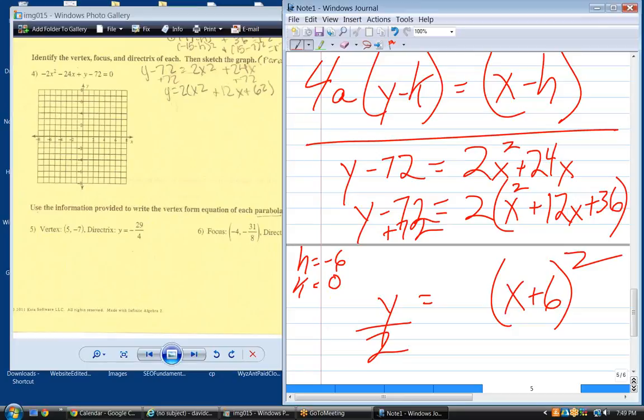Now, what is A? What does 4A equal? Because in the format up here, we need a 4A in front of the y. Well, the y is being multiplied by 1/2 right now. So what does 4A equal?